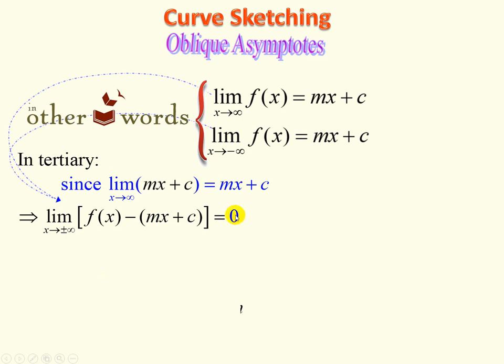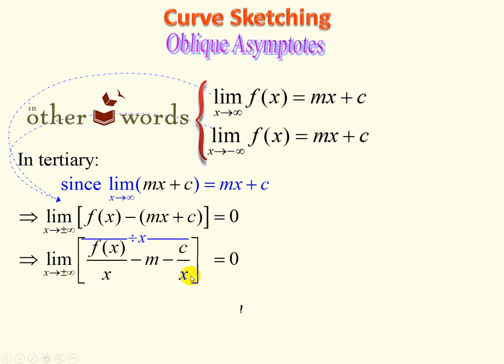Remembering that we can take the mx plus c on the right-hand side and move it to the left-hand side of the equation and include it within the limit because it's still the same thing. Now f of x minus (mx plus c) is 0 because f of x is mx plus c. Now we'll divide through by x, and of course c over x tends to 0.